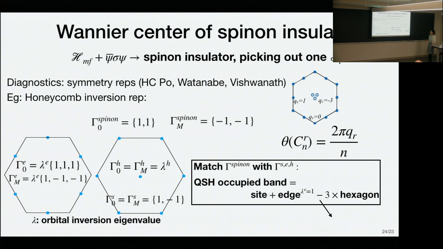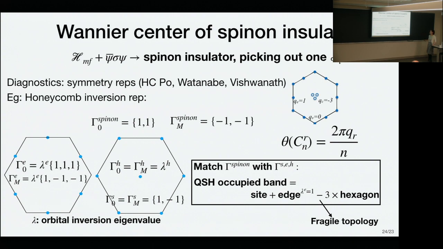And here, the -3 is related to the fragile topology, also discovered recently. It means that if we add 3 bands of this atomic insulator located at the center of the hexagon, together with the spinon insulator, then this system can be continuously deformed into the insulator with one spinon located on site and one spinon located on the edge center.